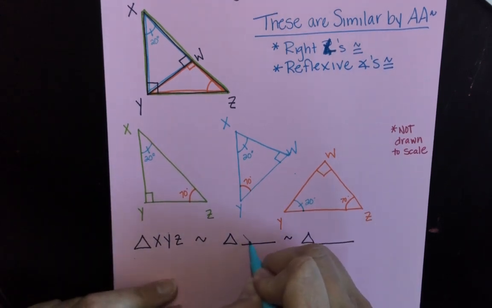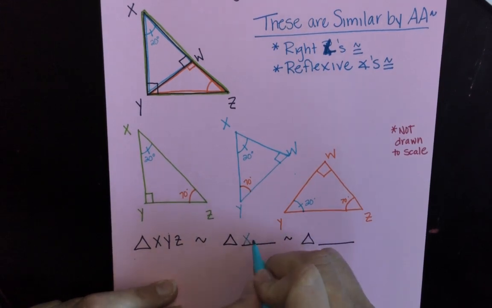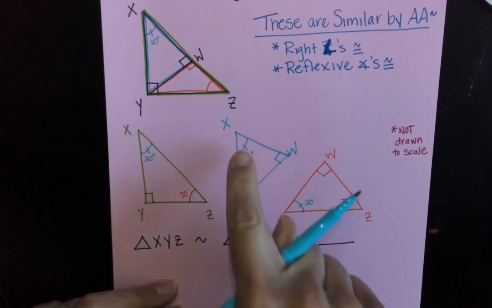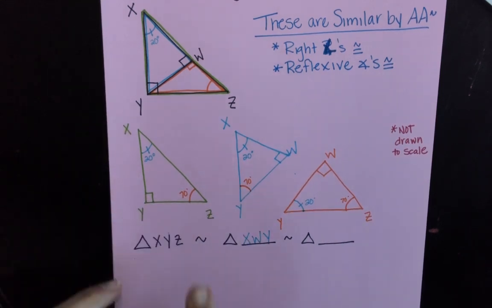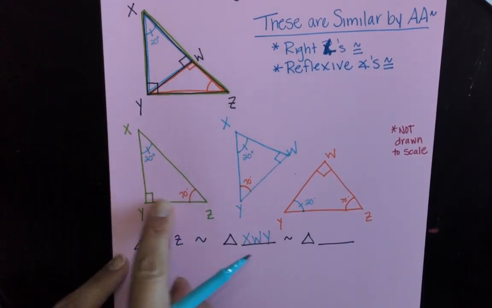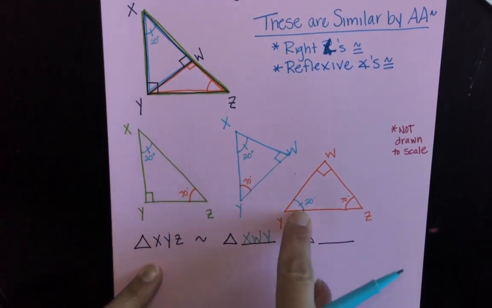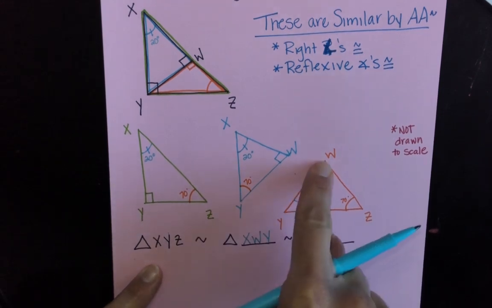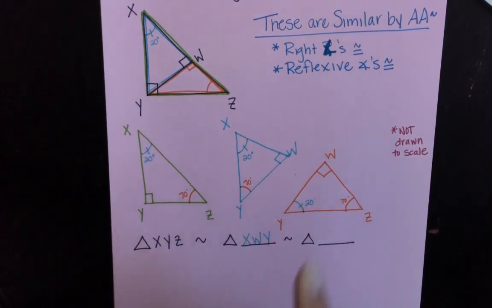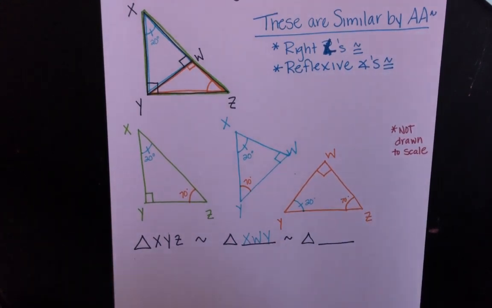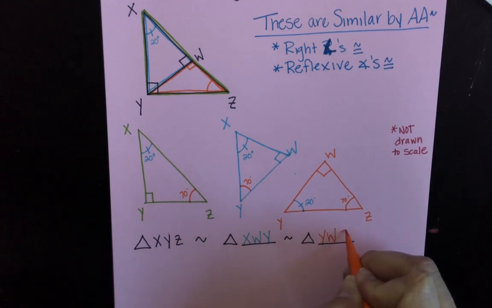So X, blue, right, orange, W, Y, 20, 90, 70. Because this one went 20, 90, 70, and this one went 20, 90, 70, this one has to go 20, 90, 70, or blue, right, orange. So that means this one has to be Y, W, Z.